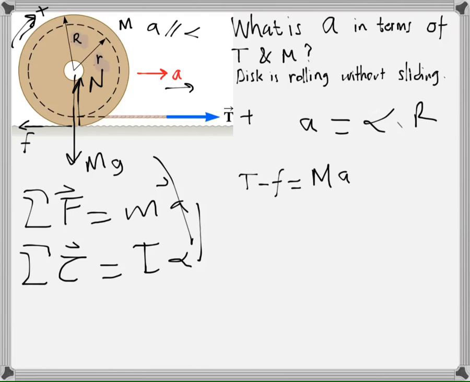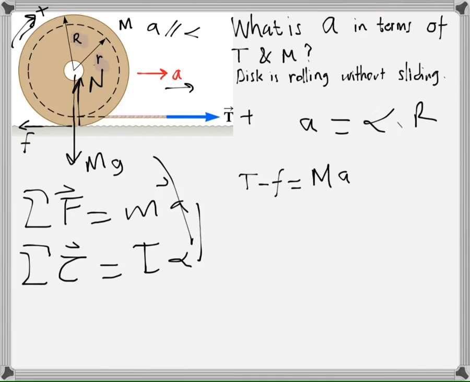If the spool is not sliding, and if it is going in the right direction, it must rotate in the clockwise direction. There is no other way. Okay. Anyway, let's write down the torque equation then.